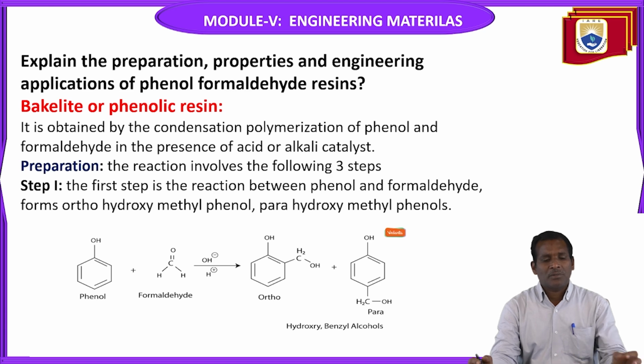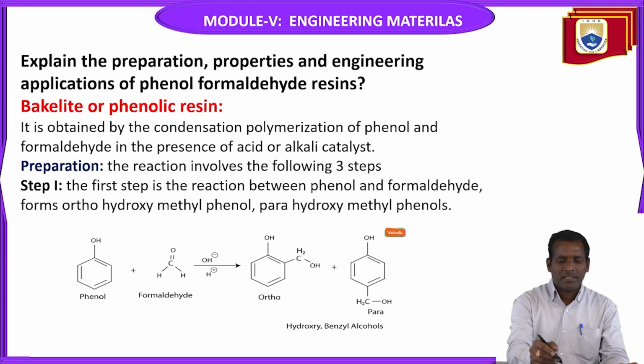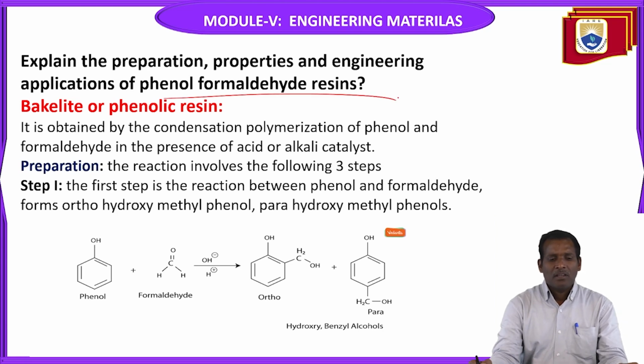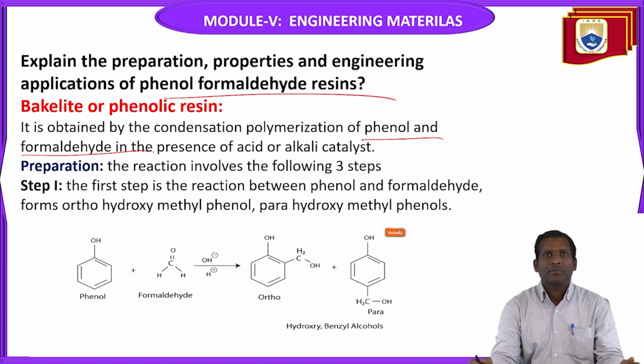The next question is: explain the preparation, properties and engineering applications of phenol formaldehyde resins. How do you prepare this material, and what are the properties and engineering applications? Bakelite, or phenolic resin, is obtained by the condensation polymerization of phenol and formaldehyde.